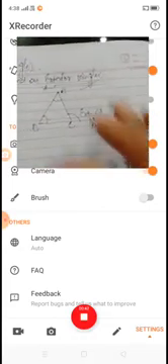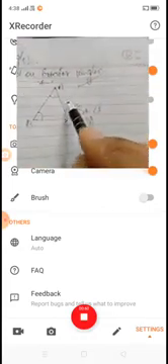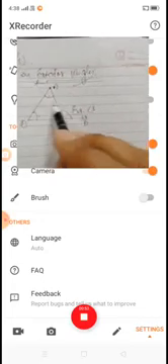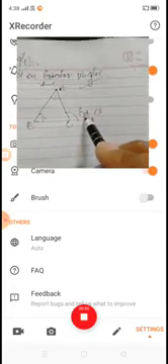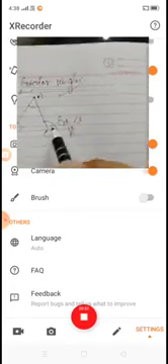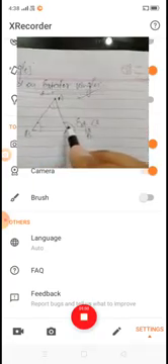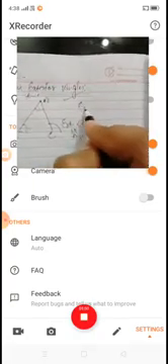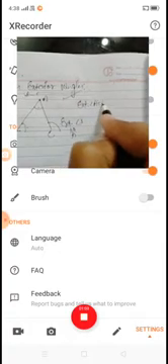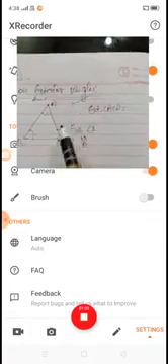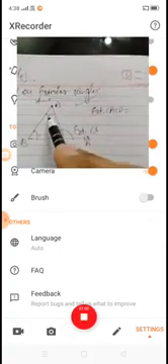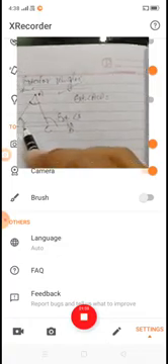Okay, and we have a theorem based on the exterior angle property. According to this theorem, the exterior angle, that is exterior angle ACD, is always equal to the sum of the two opposite interior angles.